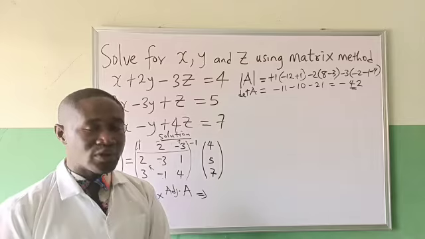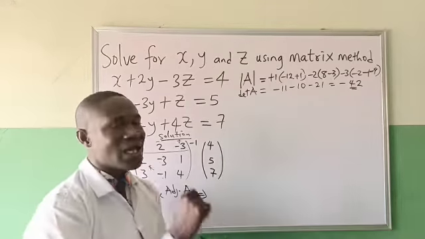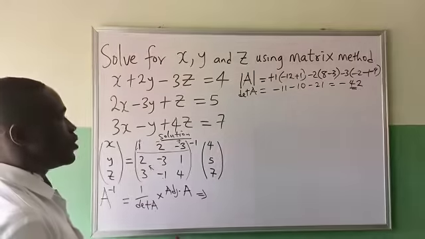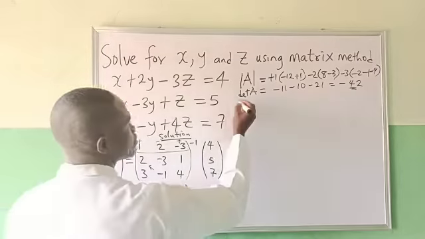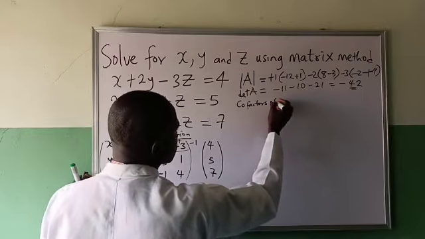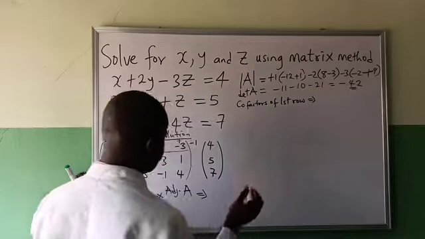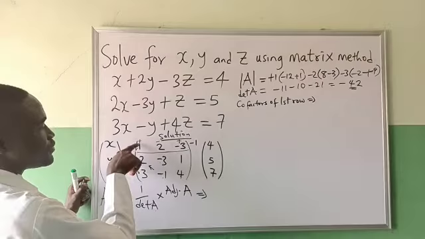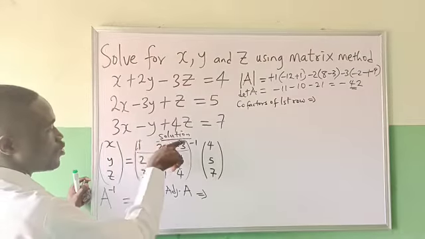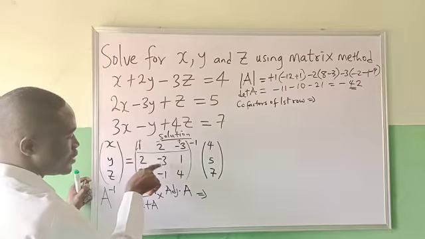When you transpose it, you have gotten the adjoint. Okay, let's see how to do it. To get the cofactors of the first row, we'll be saying this is plus. When you hold the first row, this is plus, right?